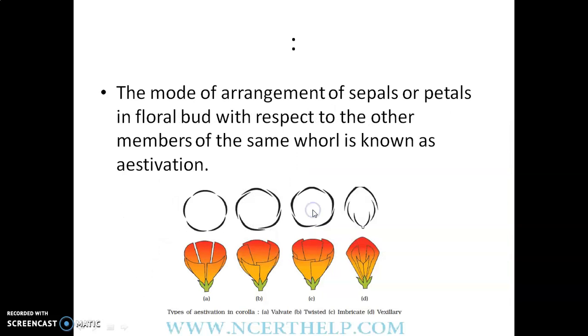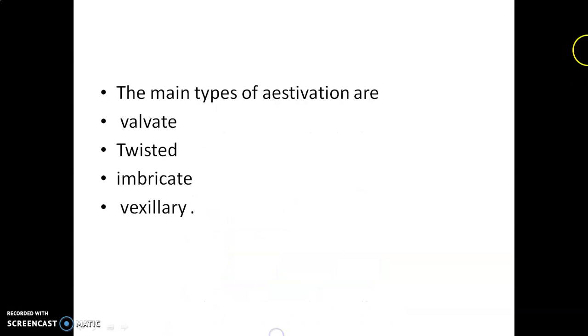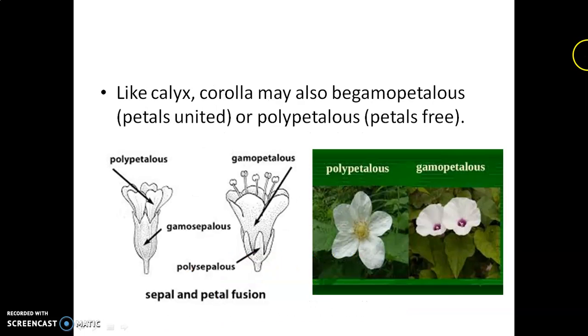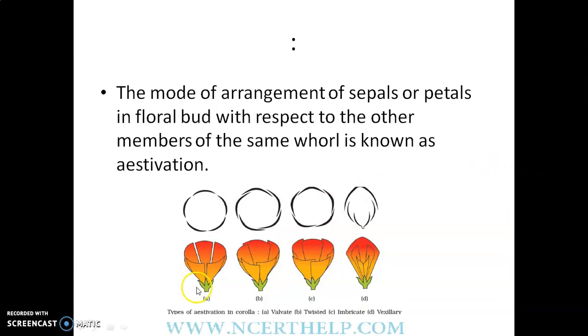Clear? Then, children, the mode of arrangement of sepals or petals in a floral bud with respect to other members of the same whorl is known as aestivation. Okay, so the same diagram is there in our textbook. On the basis of the arrangement of the sepals and petals, we can divide the types of aestivation into 4.